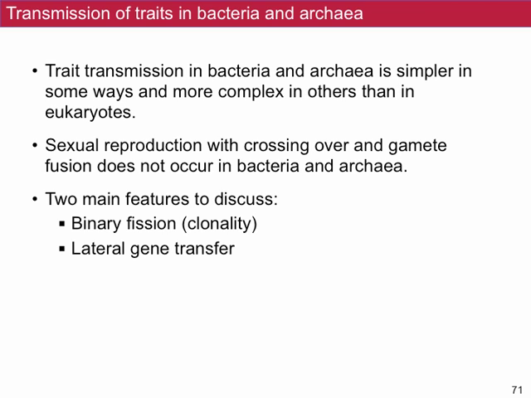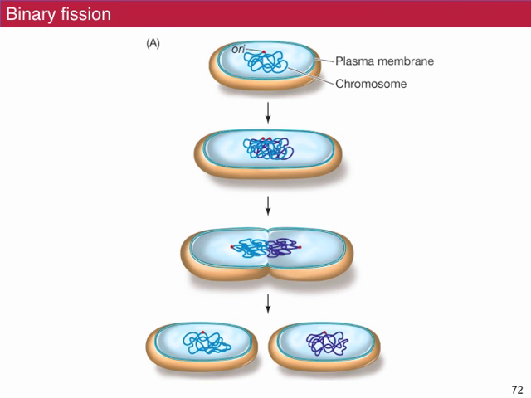And they have this alternation of mitotic and meiotic processes, as you will see a lot more about later. Sexual reproduction, as we see in eukaryotes, does not really happen in bacteria and archaea. But you will see lateral gene transfer does many similar things to sexual reproduction.